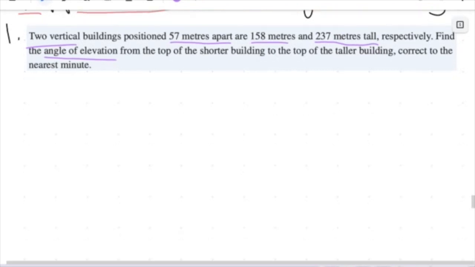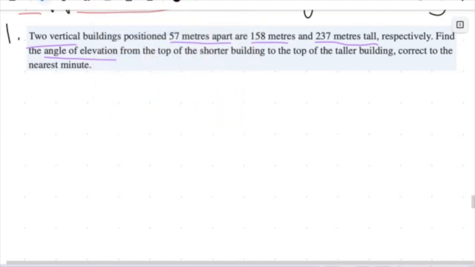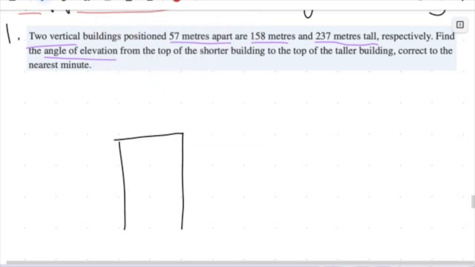Okay, so let's actually go ahead and just draw two buildings here. So I have my first one here. This has a height of 158 meters. And I have another building here.